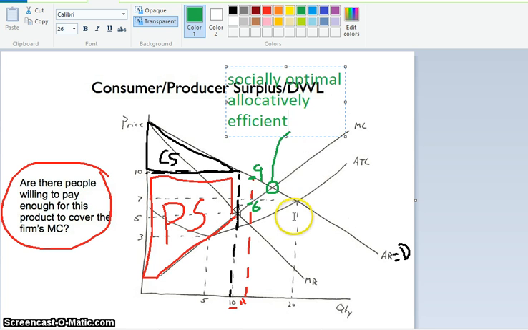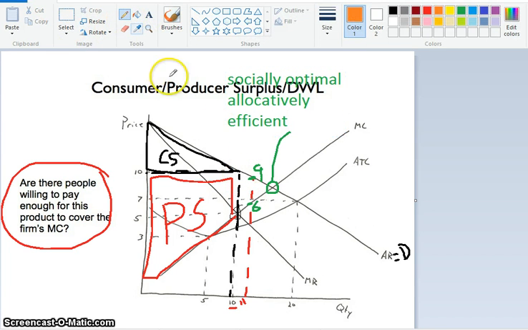And so this would be really your efficient point for a whole society for this monopoly. So remember, I think I taught you this before, the way that you can think about your deadweight loss, the triangle that creates your deadweight loss points to your socially or allocatively efficient point. So that right there is your area of deadweight loss.